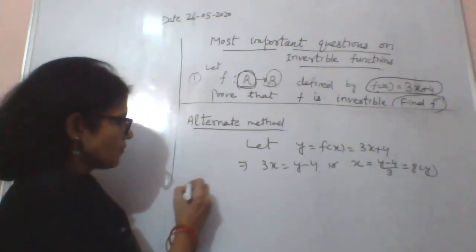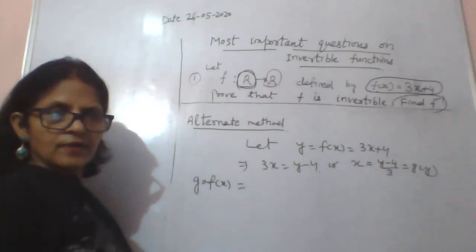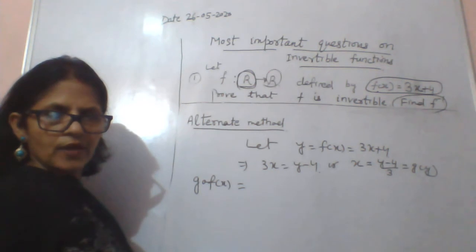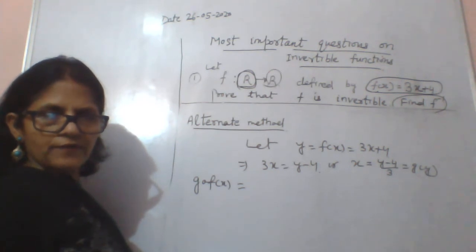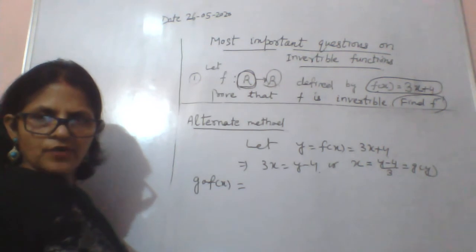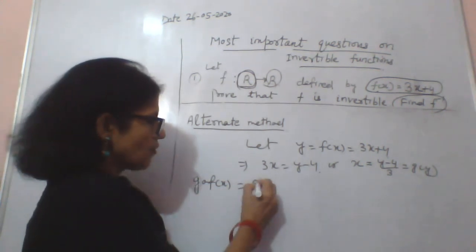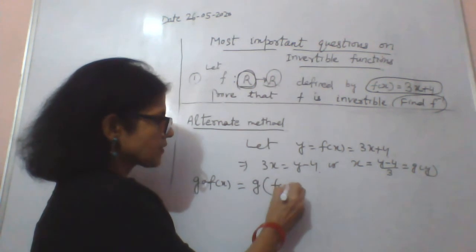So next we will take g of f(x). In the composition method we have to show that if g of f equal to f of g equal to identity function, then they are invertible and g will be the inverse of f.